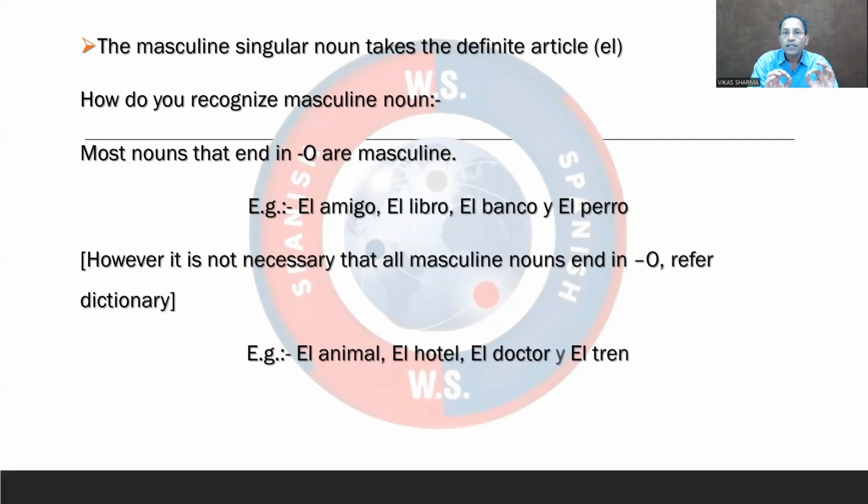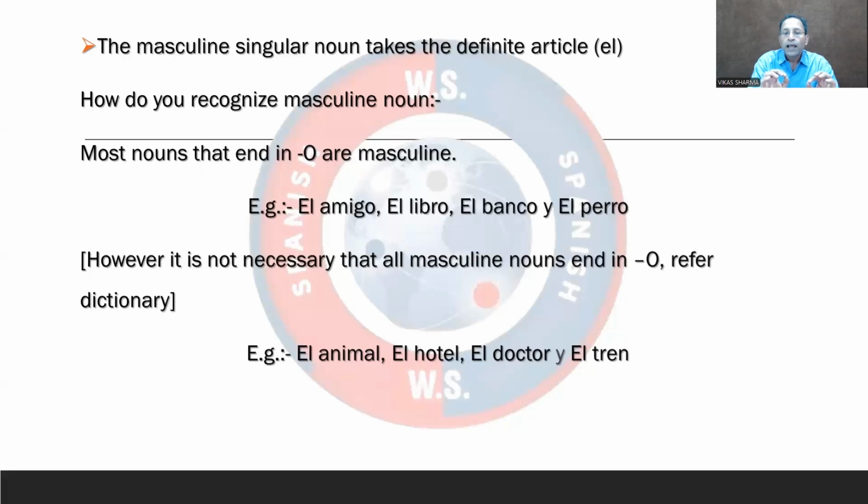How do you recognize a masculine noun? Most nouns that end in O, when you see a word written and it ends in O, it means it is masculine. So you can write el before that noun. For example, el amigo, el libro, el banco, y el perro.